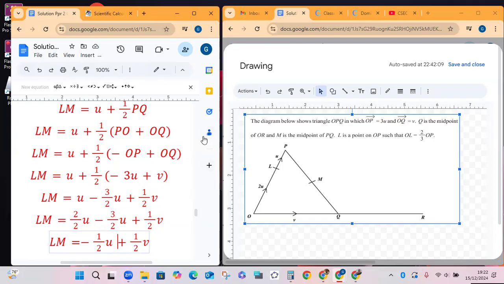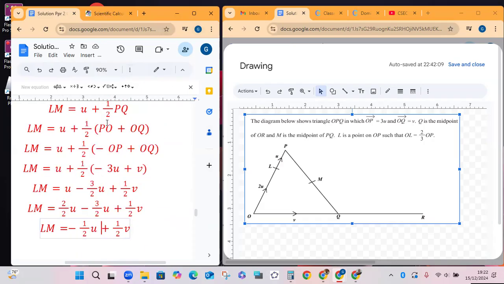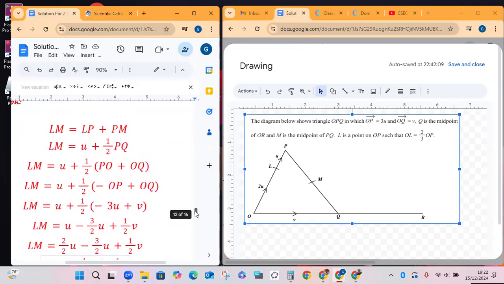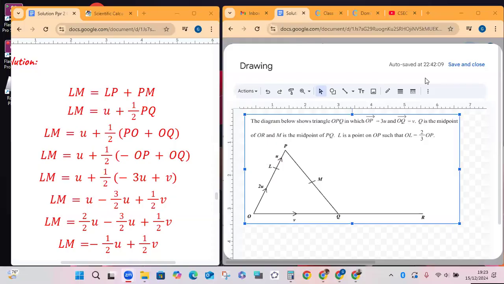So let's go over that again. LM is LP plus PM.